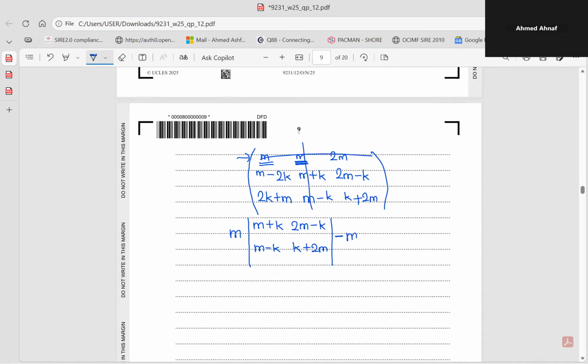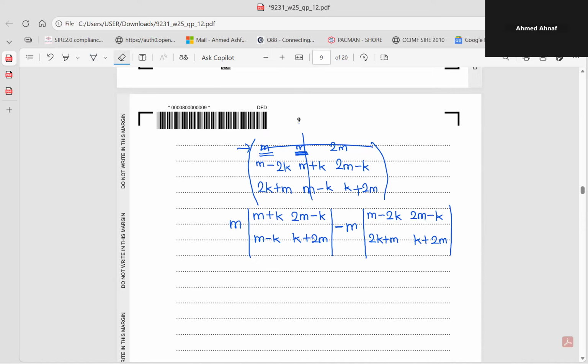So cover the rows and elements associated with it and take m minus 2k, 2m minus k, 2k plus m, k plus 2m. Okay, yeah, so this is it.